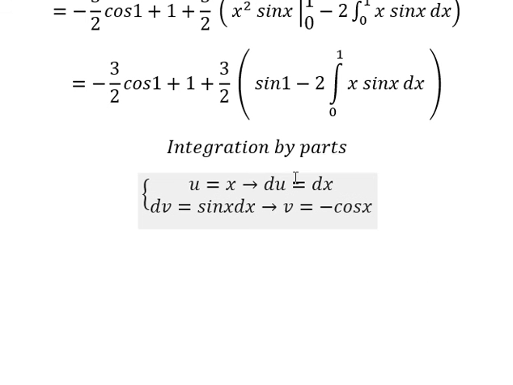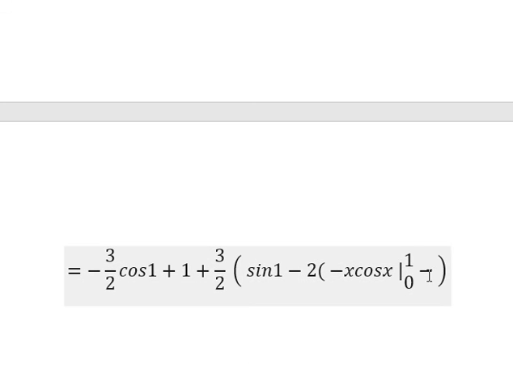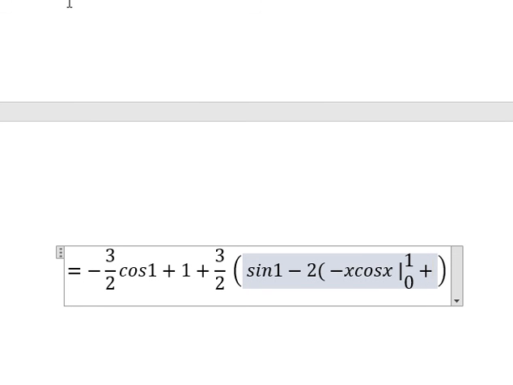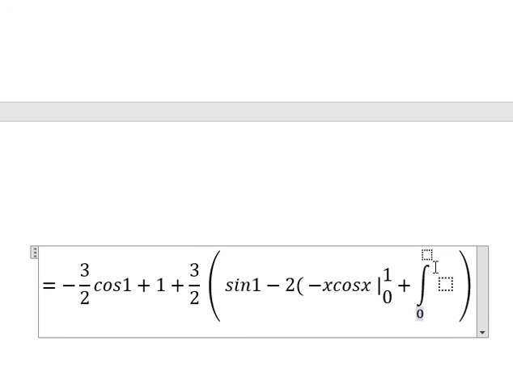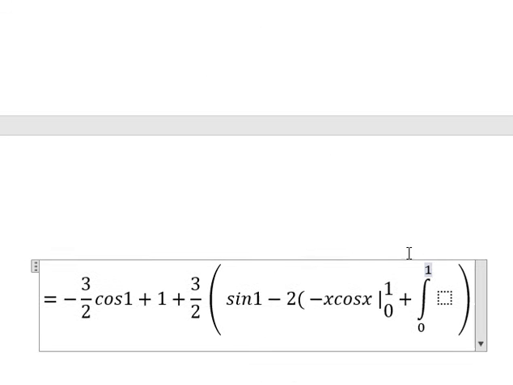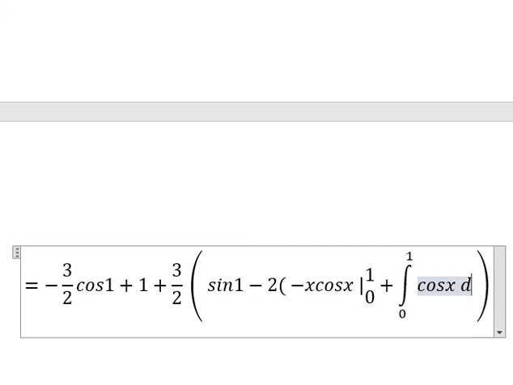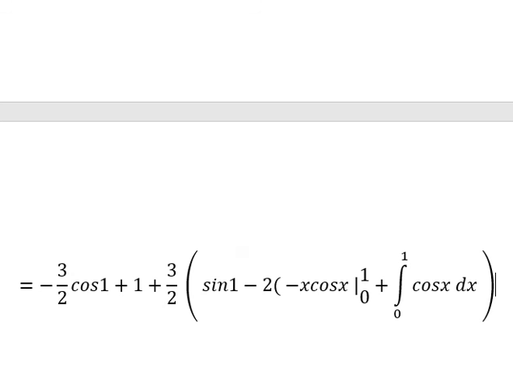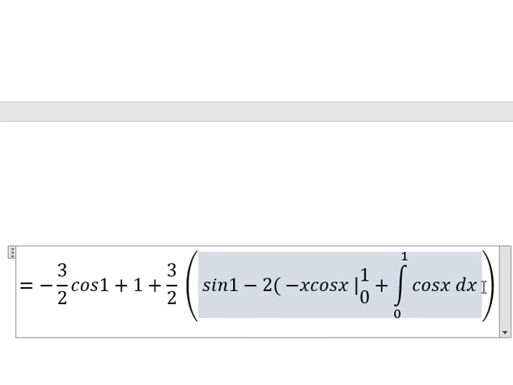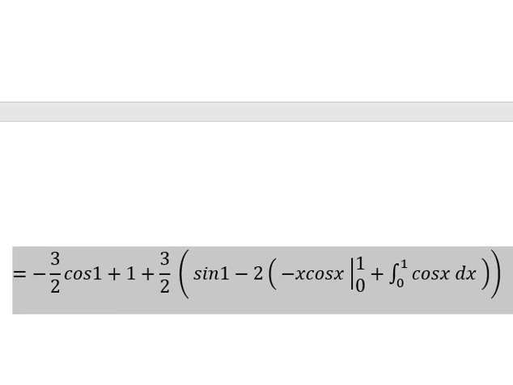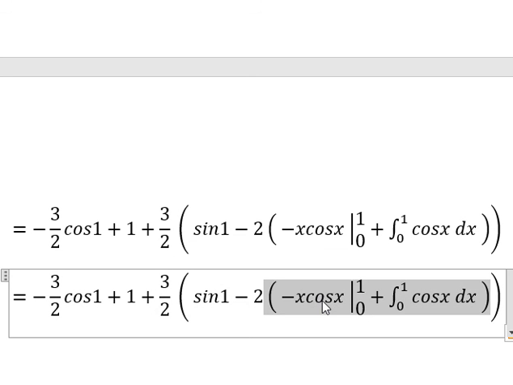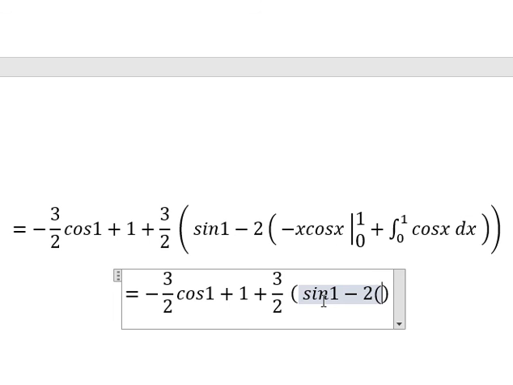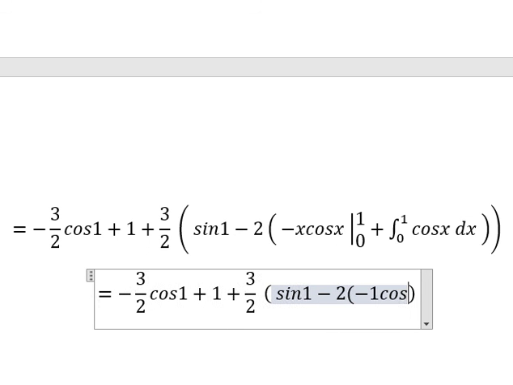Minus, we have u multiplied by v, we have negative and negative, so we have positive. And later we have the integration from 0 to number 1, and this one we have cosine s. So I will put number 1 and number 0 in here. So this one we have negative number 1 cosine number 1.